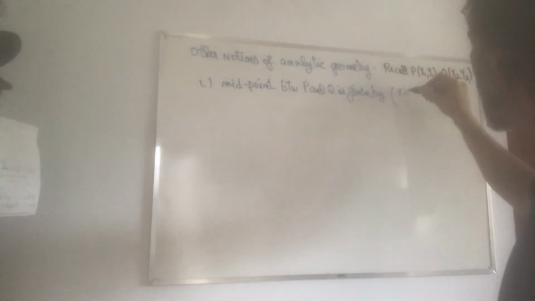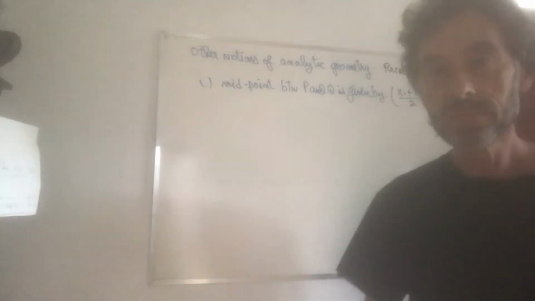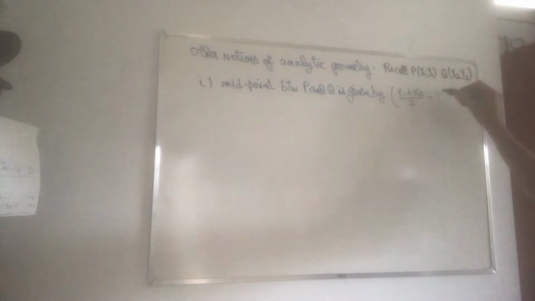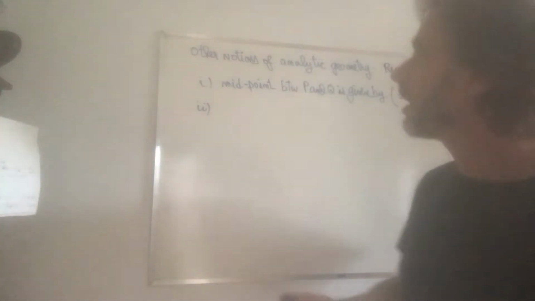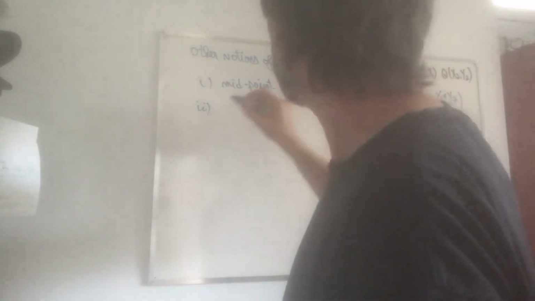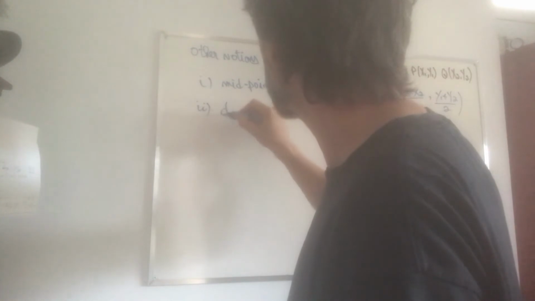So I'm going to add my x's and divide by 2, and then add my y's and divide by 2. And that's the midpoint. We'll practice this on some points in a second. Before we practice, a couple of other notions of interest: the midpoint and then the distance.